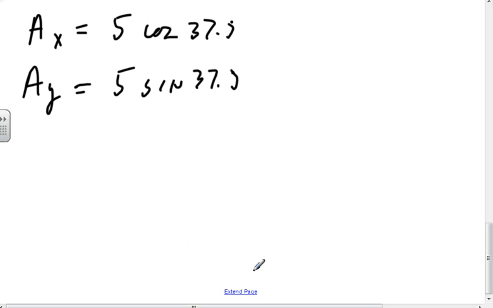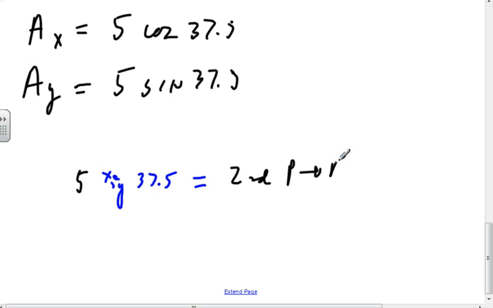Or I could take my calculator and put in 5, use the XY key, put in 37.5, hit the equals key, and then go second function, change from polar to rectangular.